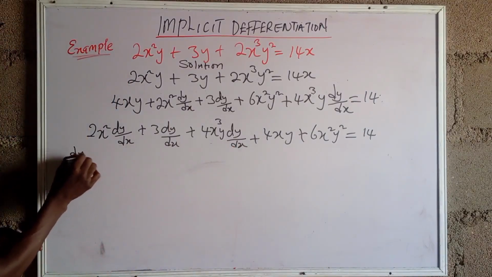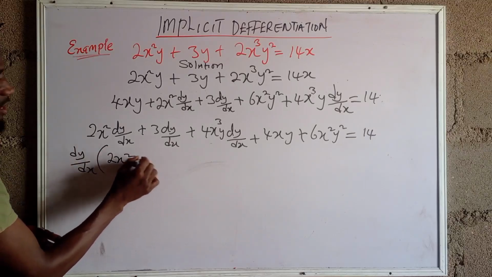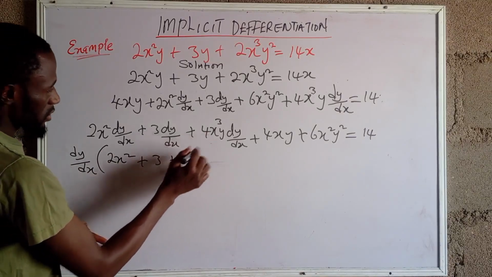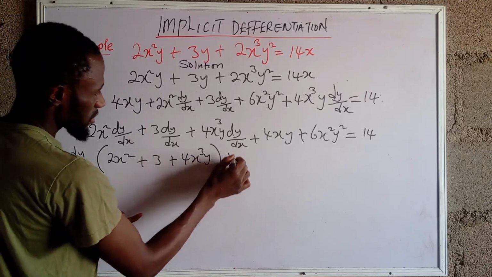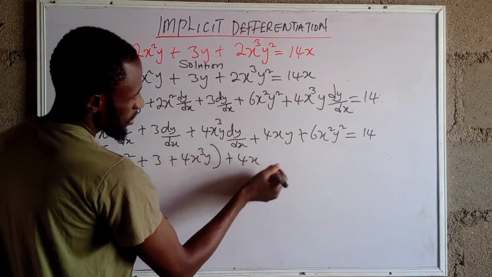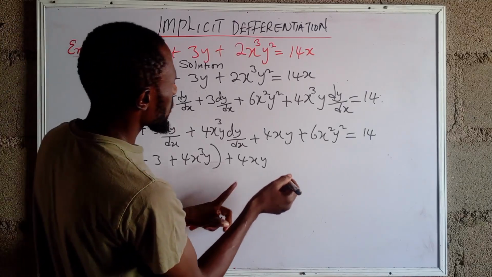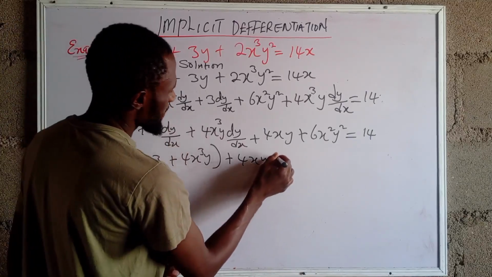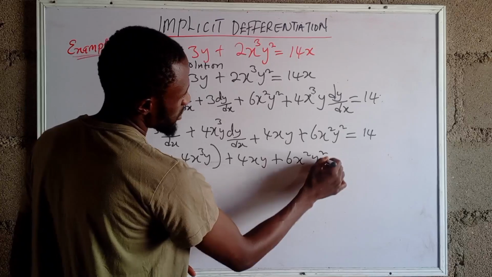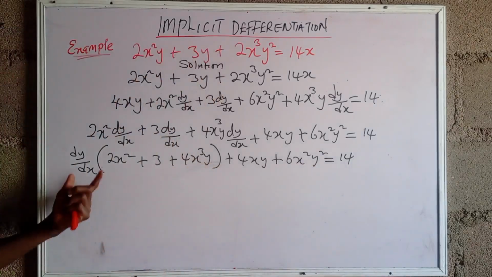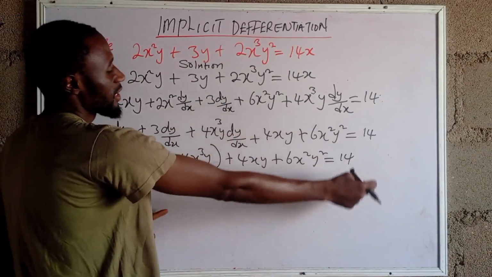Therefore, we have dy over dx, open bracket, 2x squared plus 3 plus 4x cubed y, close bracket, plus 4xy plus 6x squared y squared equals 14. Then you are going to carry those that don't contain dy/dx to the right-hand side.